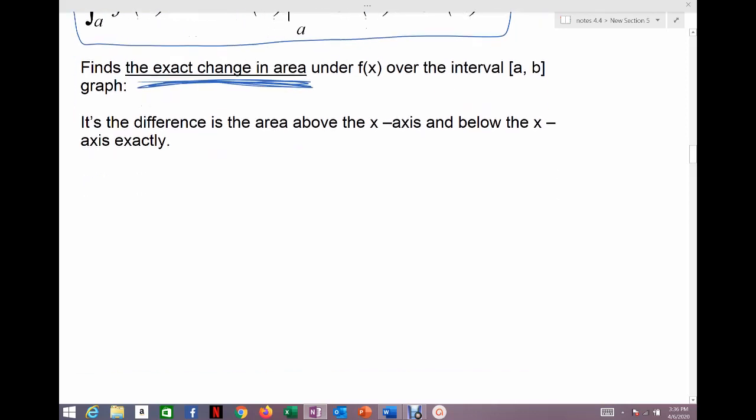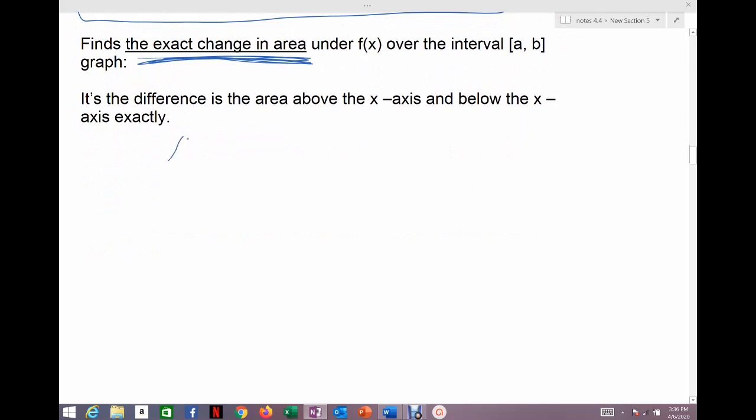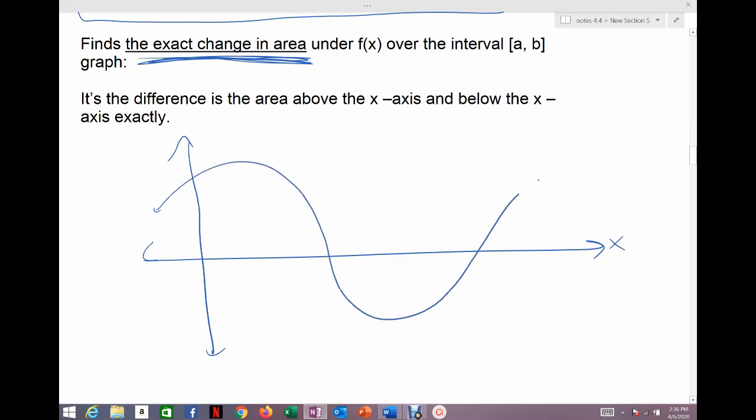Drawing the picture to try to understand what that is. So these are my x values. Suppose my function behaves like this. It's got some part above, so there's my A, and there's my B. And there's my accumulation part that I'm looking for.